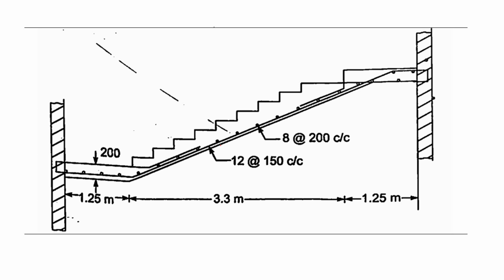Now this is the reinforcement detailing, where you can see that this bar is the 12 mm bar, which is provided at a distance of 150 millimeter center to center, and this bar, which is perpendicular and lies above this main reinforcement, is like this.